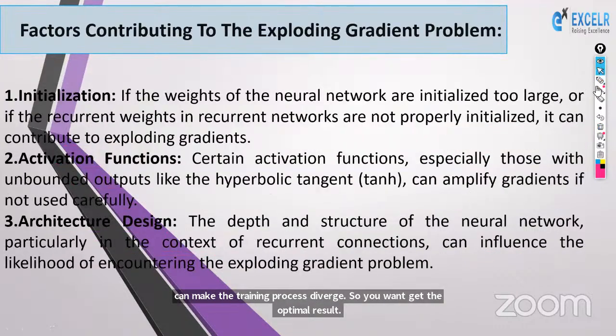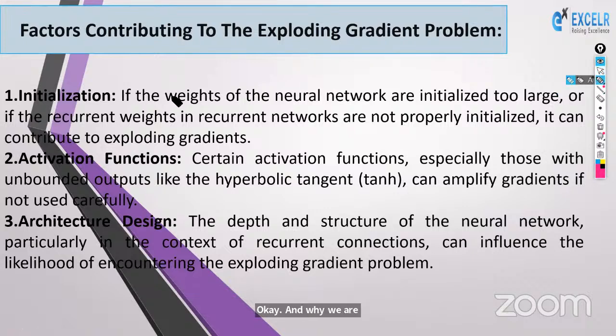And why do we get this exploding gradient issue? Probably the weight initialization is not up to the mark, you are not taking the correct activation function, or probably the architecture design. These can be the issues.